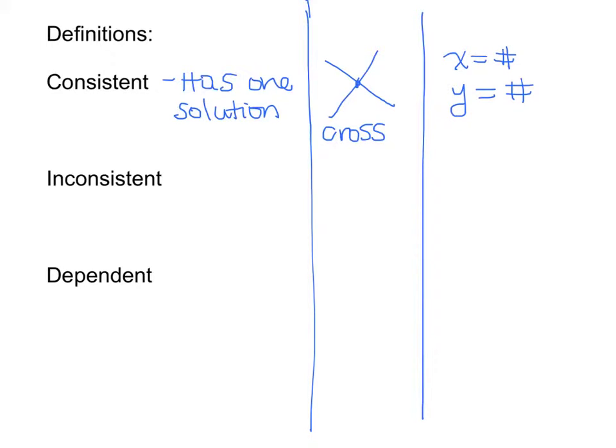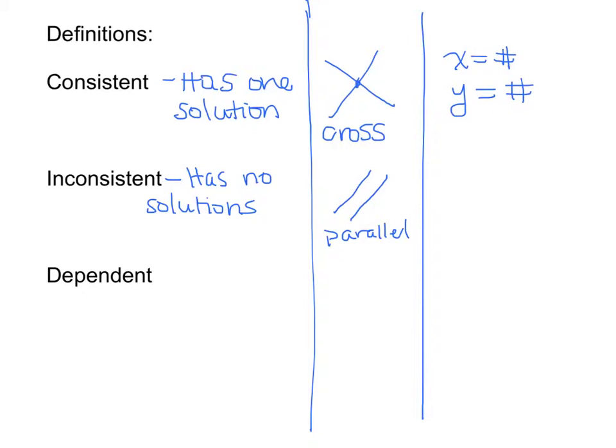Now, a system is considered inconsistent if it has no solutions. When you graph that system, that means that the lines are parallel, so they never cross. And if they never cross, they have no solution.